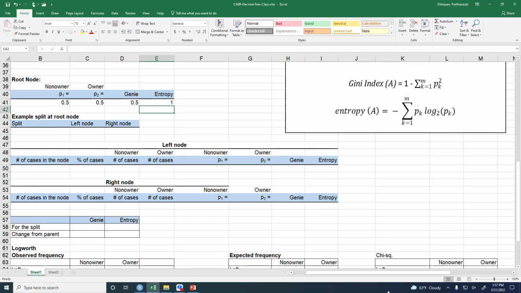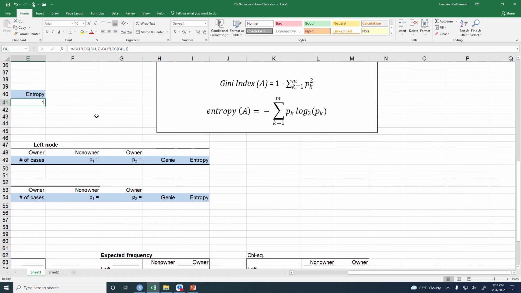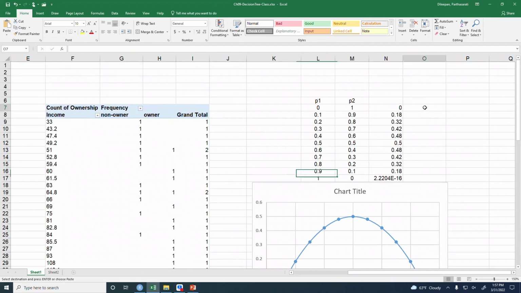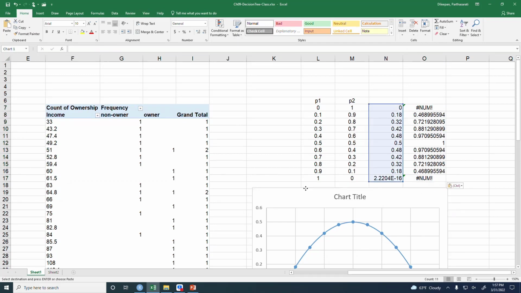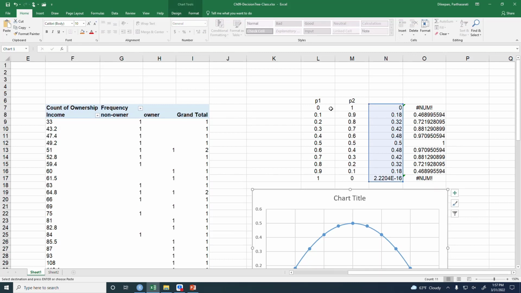Once again, we can compute entropy here, and I'm just copy pasting the entropy formula from there. But at the extremes, you can't have a logarithm of 0.